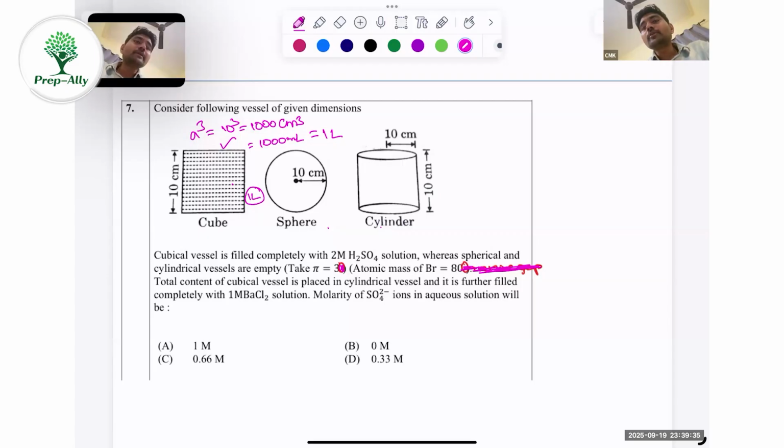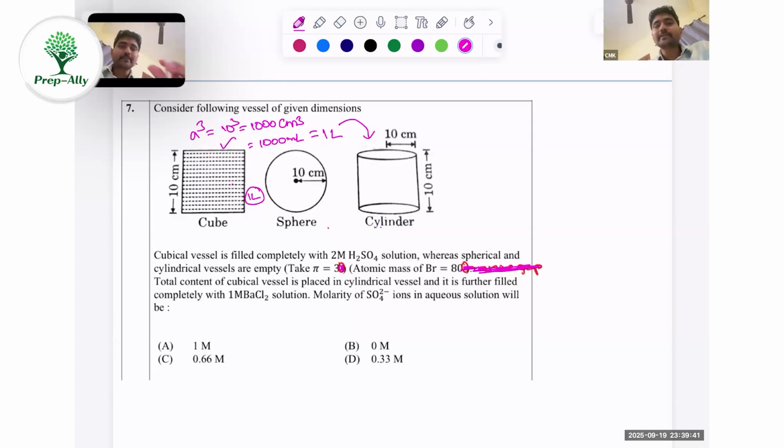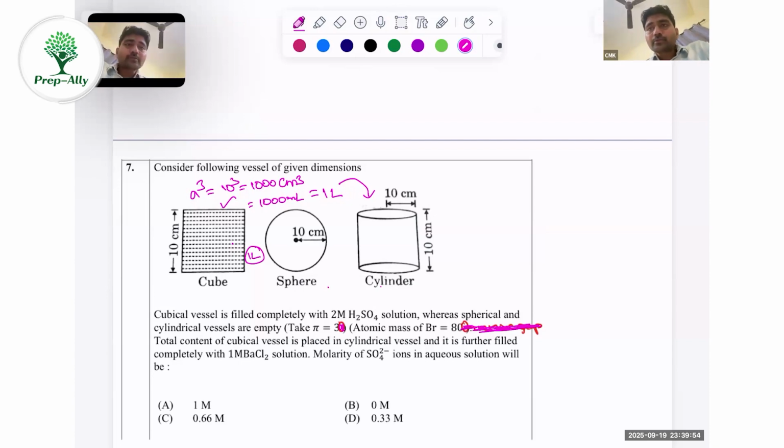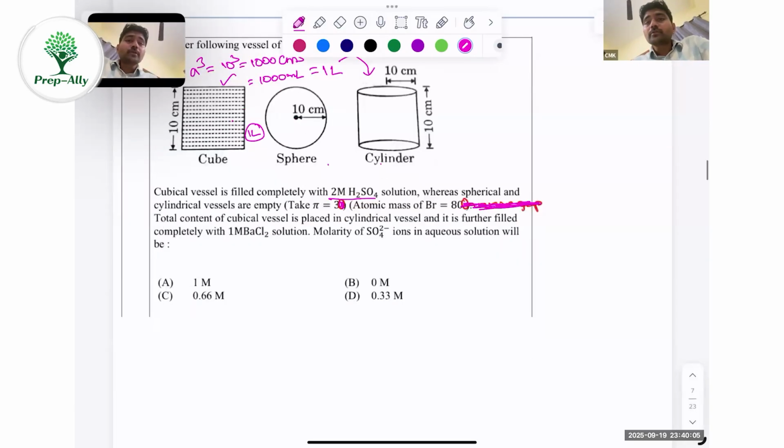This 1 liter you are pouring into a cylinder which has 10 centimeter length and 10 centimeter radius. Now, what should happen here? The ions in the solution contain H2SO4. The cubical vessel is filled completely with 2 molar H2SO4 solution, whereas the spherical and cylindrical vessels are empty.